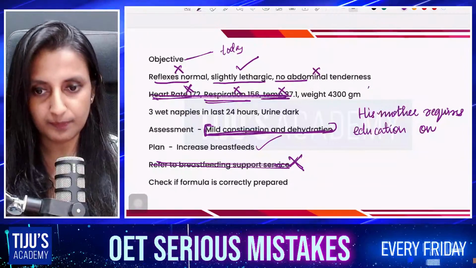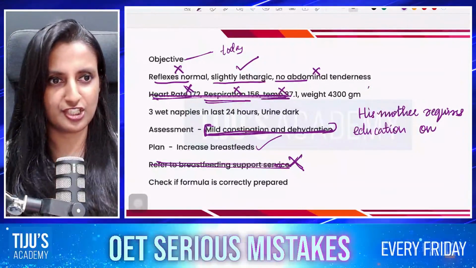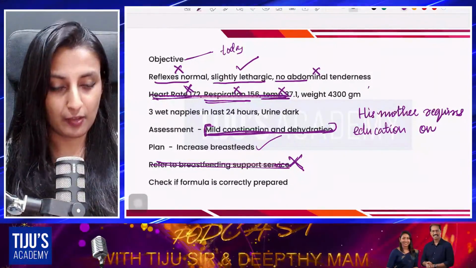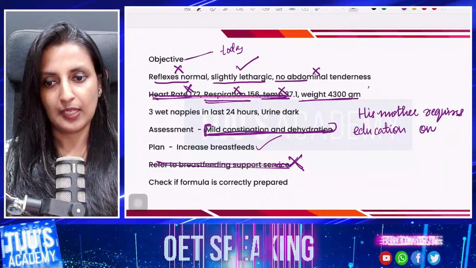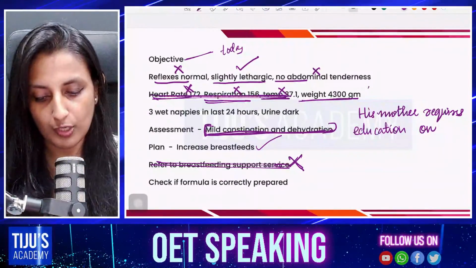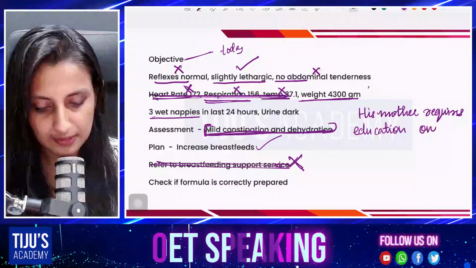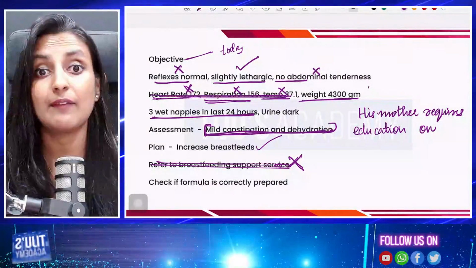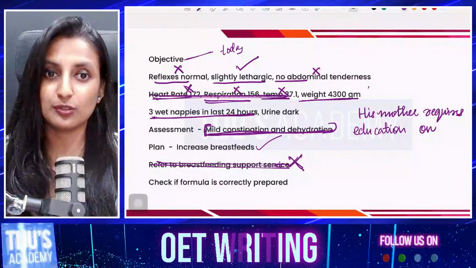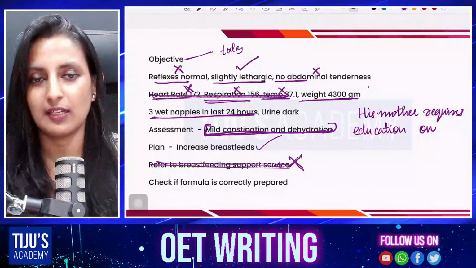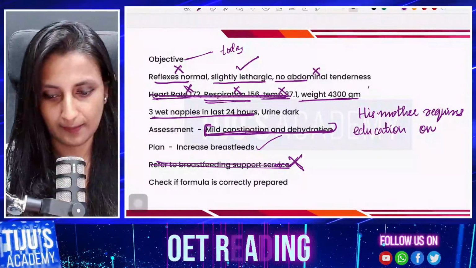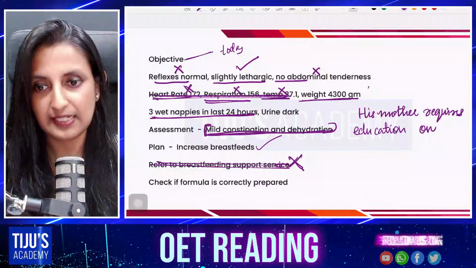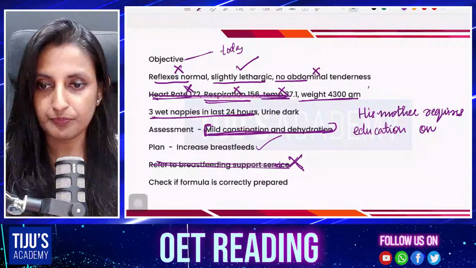On observation, he was slightly lethargic. His current weight is 4,300 gram. He had 3 wet nappies in 24 hours because he's having dehydration. So that's why he's having only 3 wet nappies. That should be told to a lactation consultant. So he had 3 wet nappies in last 24 hours.